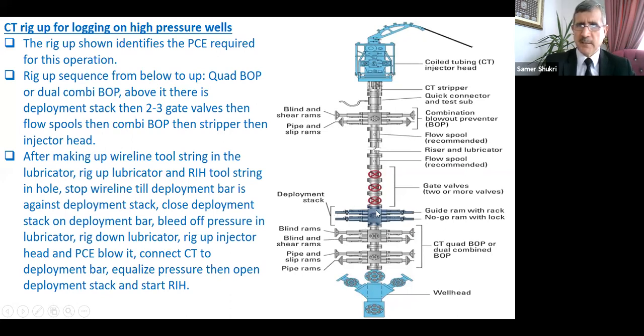Here we can close this BOP on the deployment bar. Below it we have this quad BOP also, blind, shear, slip, and pipe rams. We will take them in detail, and the wellhead here. So we can run maybe 90 feet of wireline tool string and run it downhole safely and as per procedures.